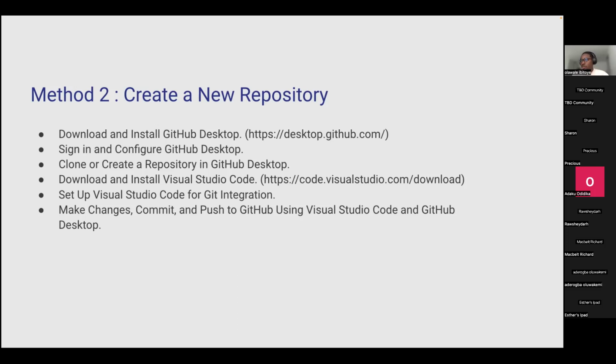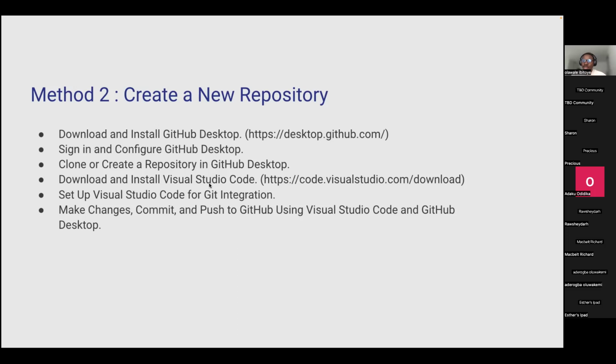Then this is just the step-by-step process on how to do it. Also, in order to maximize the power of GitHub Desktop, depending on any IDE you're working with, an example of an IDE is Visual Studio Code.